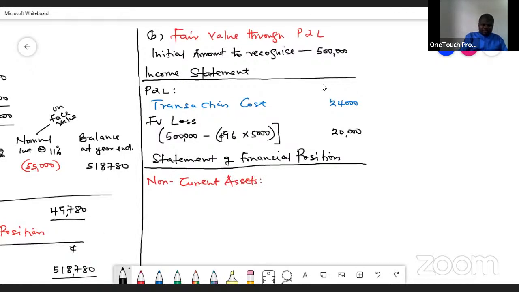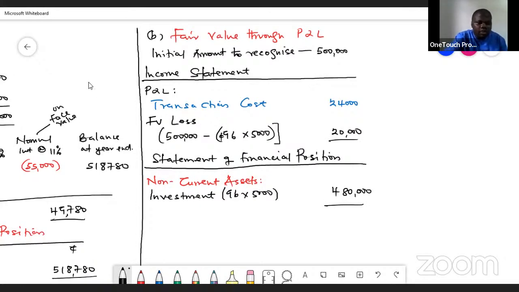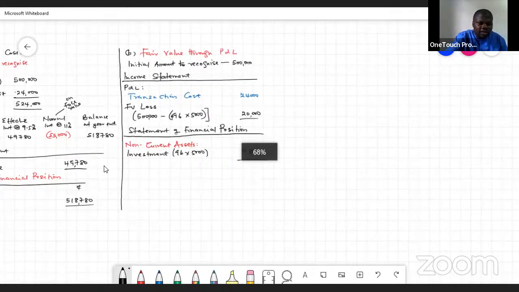We have investments. Investments give us how much? The 96 times 5,000 will give us 480,000. That's all for the question. Very simple.